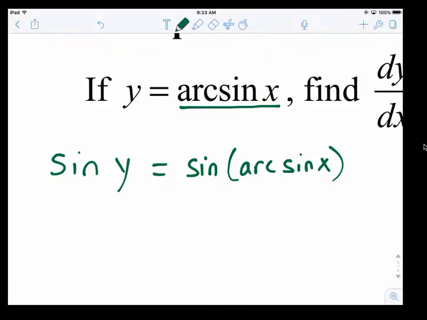What you do to one side, you have to do to the other. We're trying to get the arcsine to go away. So when I take the sine of arcsine, it cancels out, and all you're left with is what you're taking the ratio of. The sine cancels out the arcsine, and you're just left with x.